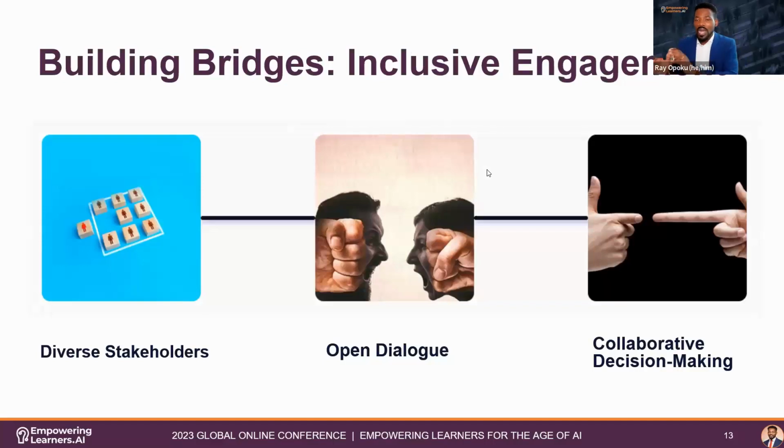So how do we want to engage stakeholders across the divide, everybody involved, in a way that helps us build a future towards a more equitable and fair AI approach in online learning?